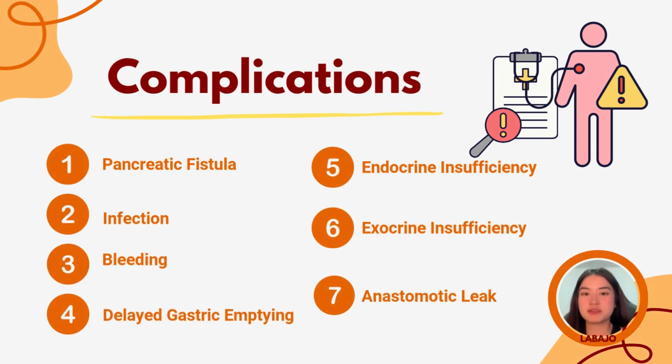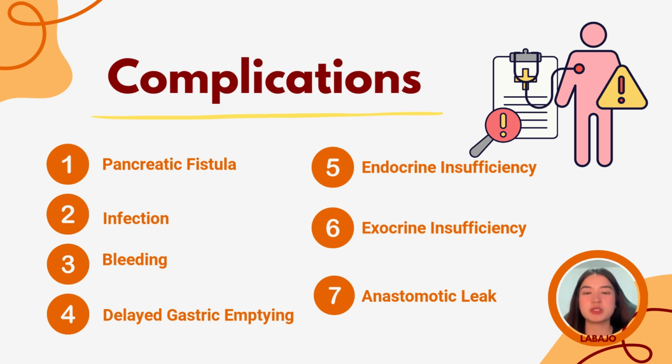Next, we have the complications that the patient might have after or before the procedure. First is the pancreatic fistula, which is the leakage from the pancreatic anastomosis. Next is the infection if there is no proper wound care for the patient, or intra-abdominal abscess. Next is bleeding due to post-operative hemorrhage, and delayed gastric emptying.